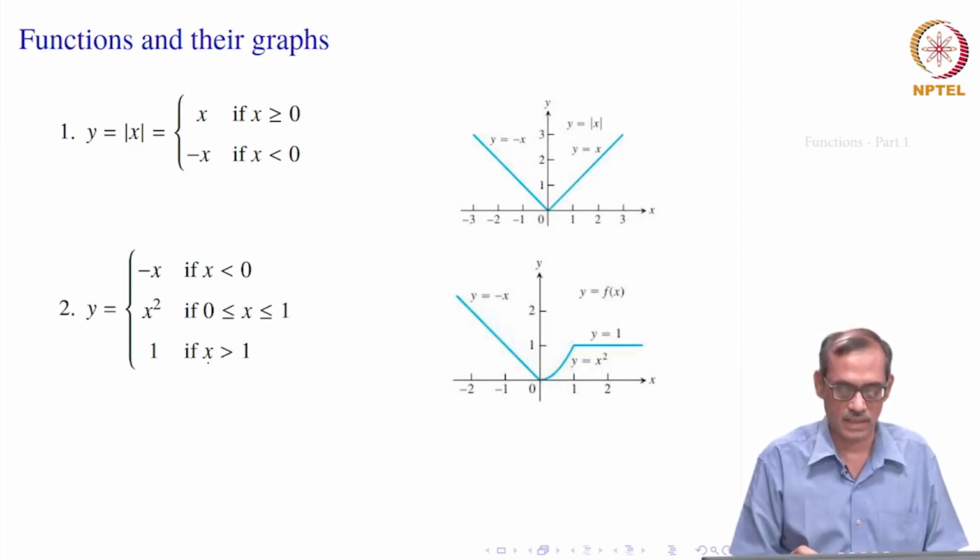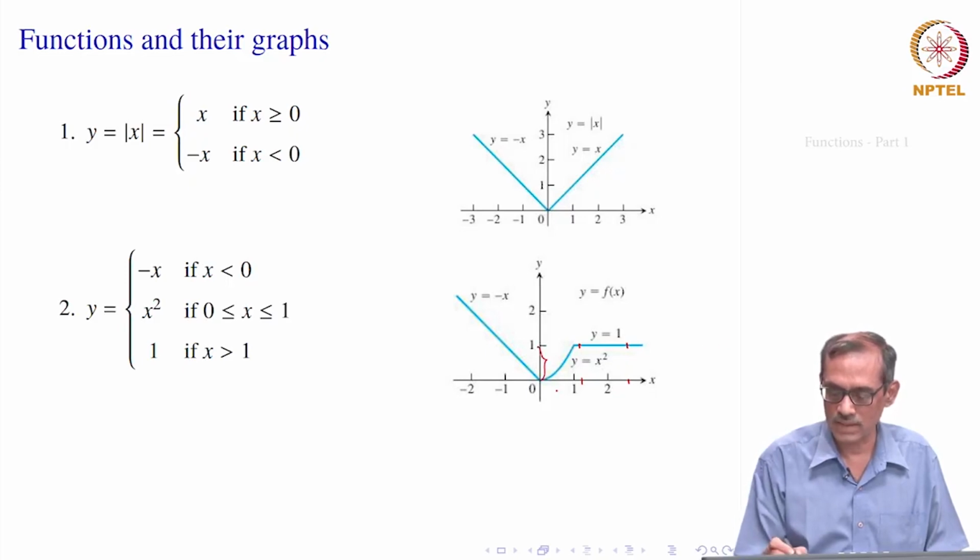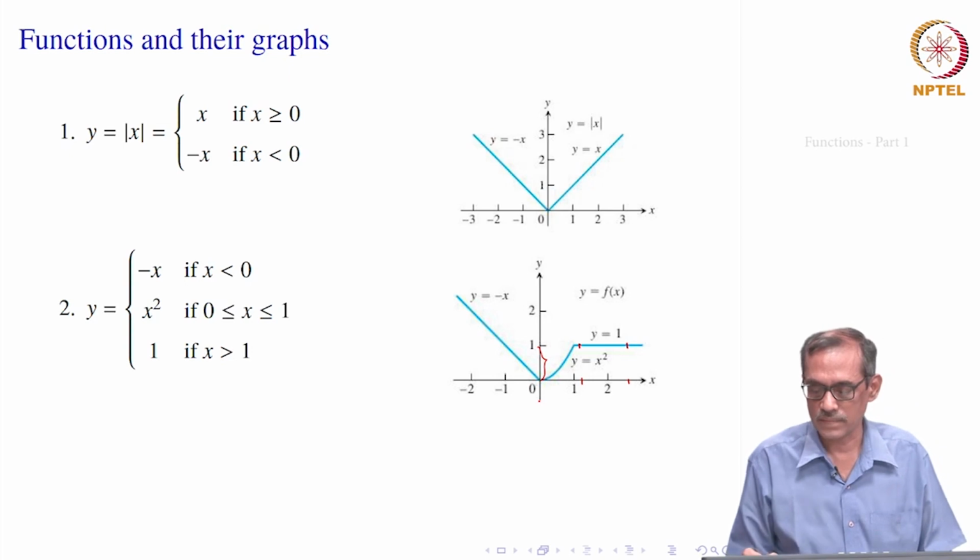So, let us take that case, that is simpler to see. Y is constant. So, it is equal to 1 for all those x bigger than 1. It is really the constant function which we depict as y equal to 1, where on the y axis this distance is 1.